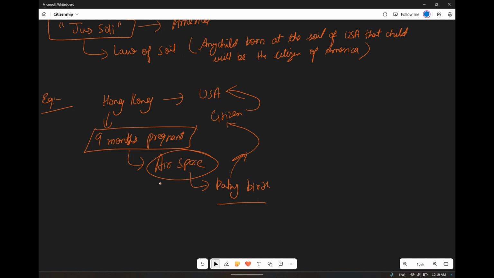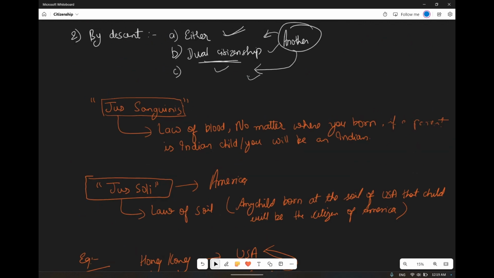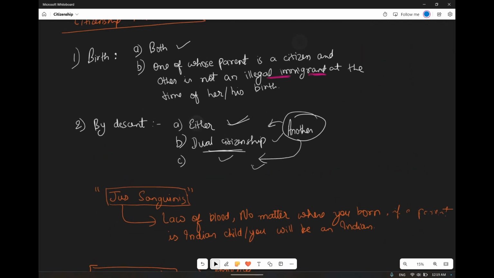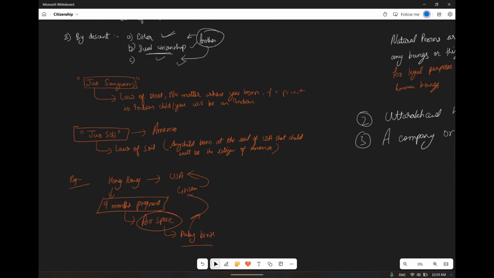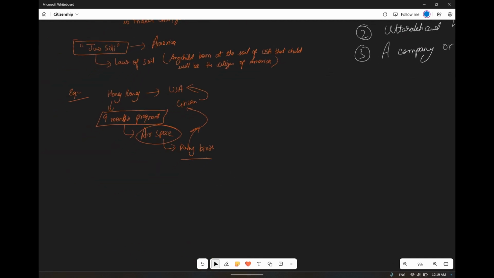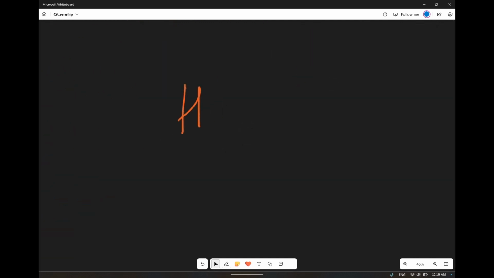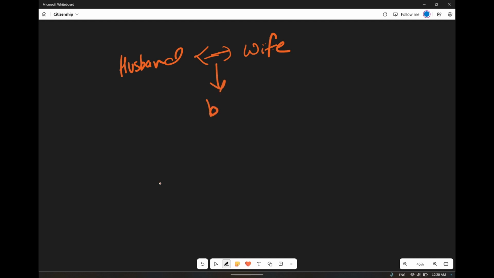So how does dual citizenship happen for India? While reading the constitution, we have mentioned that in India, in any case, we can't hold dual citizenship, but there is an exception. In one case, we can hold it. Let us suppose a husband and wife went to America and they have a baby there.